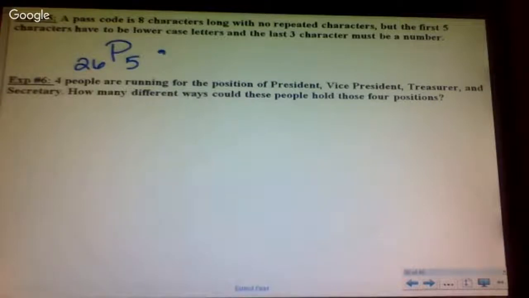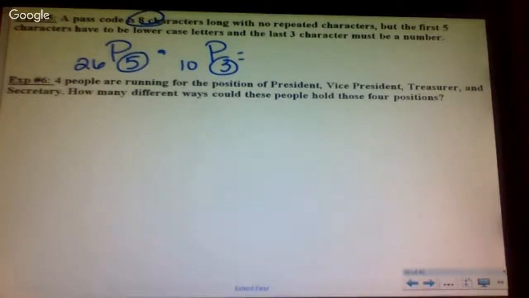Times 10 permutate 3. Perfect. Okay, I have 8 total characters. So 5 plus 3 must give me 8. That's how you know you have it all covered. The 5 are letters. We have 26 options. The 3 are numbers. We have 10 options.